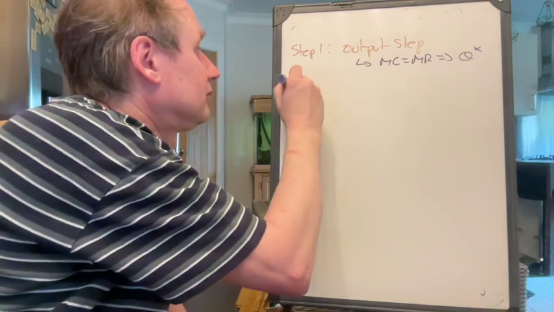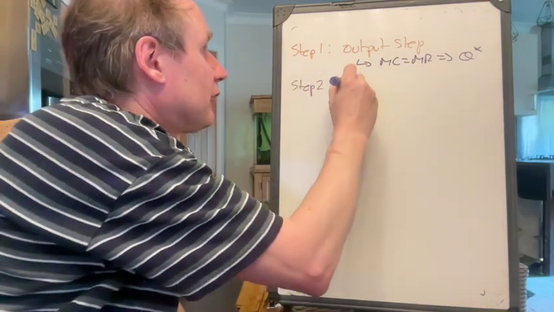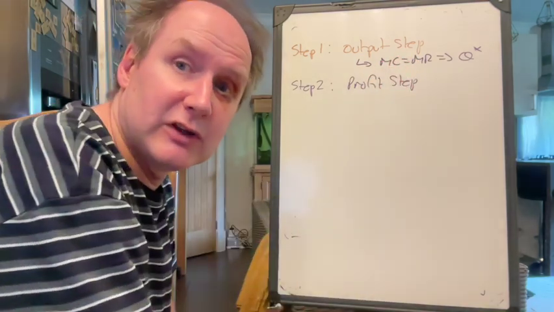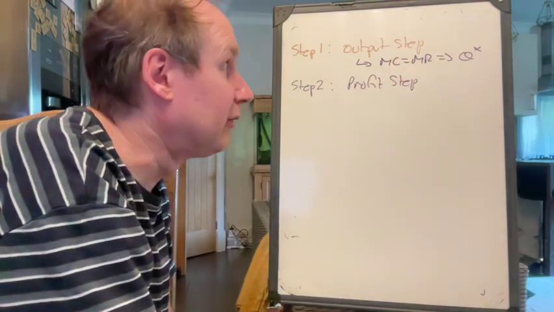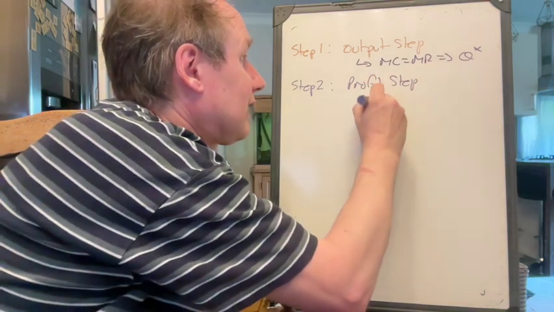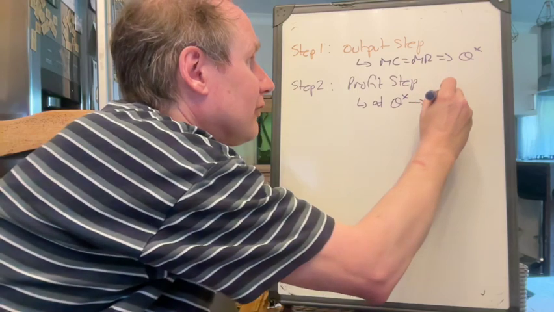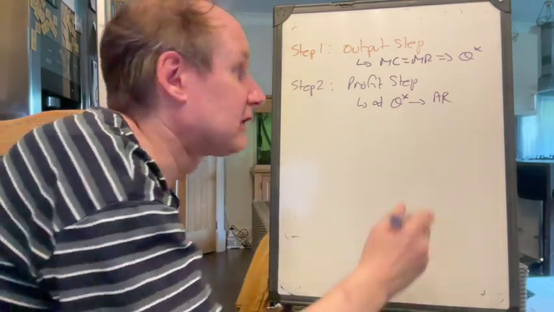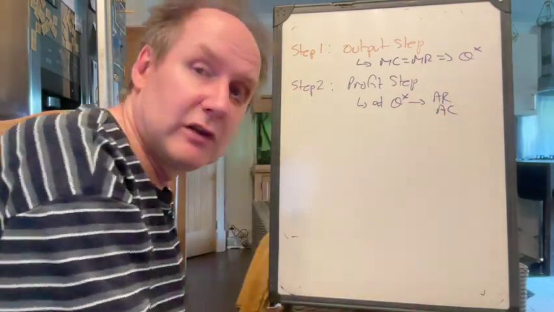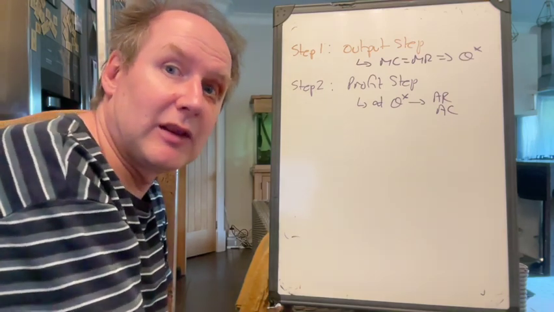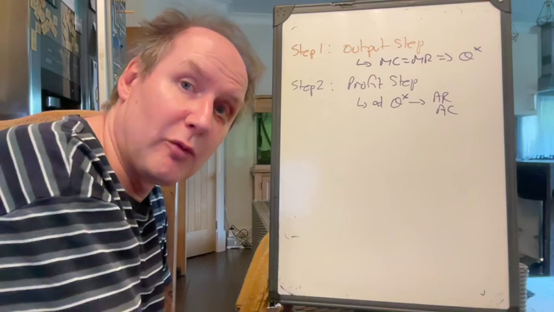Step two is the profit step. And this will be true for every diagram you ever draw in theory of the firm. At Q star, what is average revenue, the firm's price, what is average cost, the firm's cost per unit, and what is the difference between them? And then we show that as the profit or potentially loss.